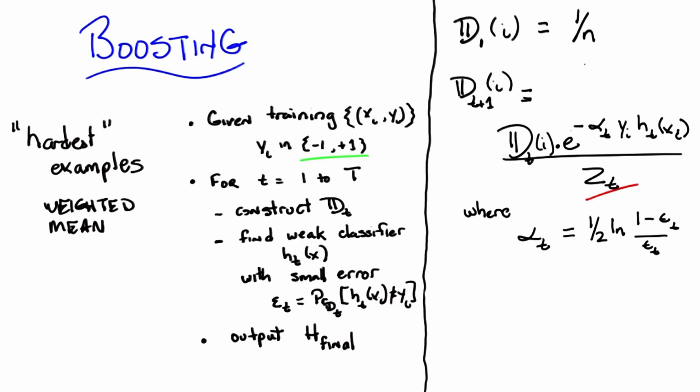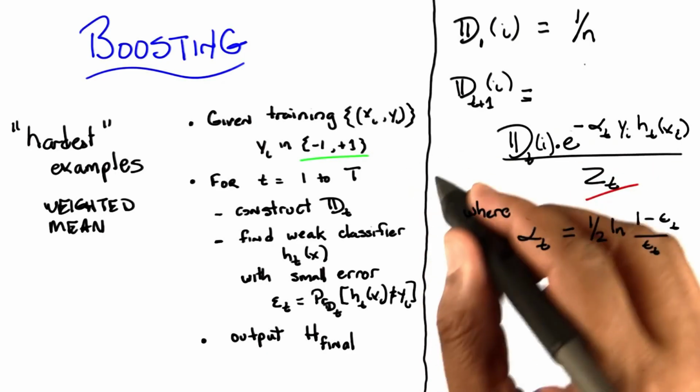Right, and since the ones that it's getting wrong are getting more and more weight, but we're guaranteed, or at least we've assumed, that we have a weak learner that will always do better than chance on any distribution, it means that you will always be able to output some learner that can get at least some of the ones that you were getting wrong right.